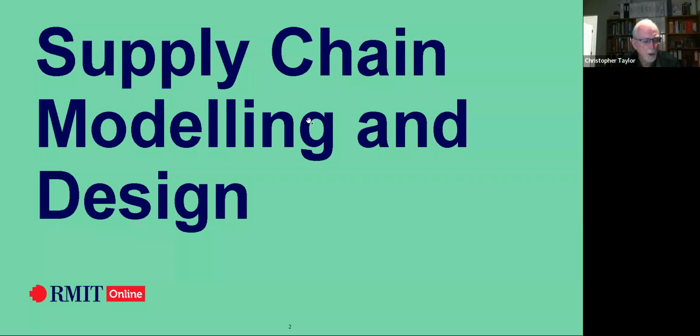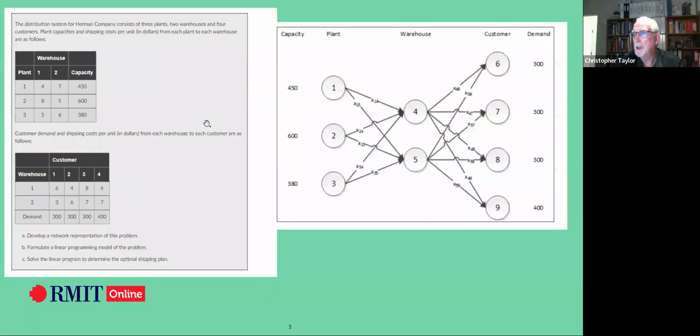So supply chain modelling and design is what we're talking about. It's just going off the example that we had in the book, just to make sure that everybody had an idea of what was going on.